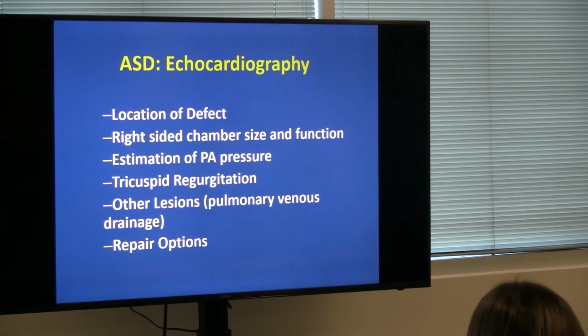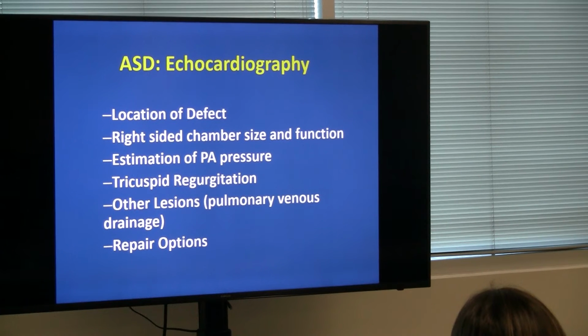And when you do the echocardiography, you want to look at the location of the defect, where it is. You want to look for right-sided chamber enlargement, size and function. You want to estimate the pulmonary artery pressures. You want to see if the tricuspid valve is leaking mild, moderate, or severe, because that's going to impact how you manage them.